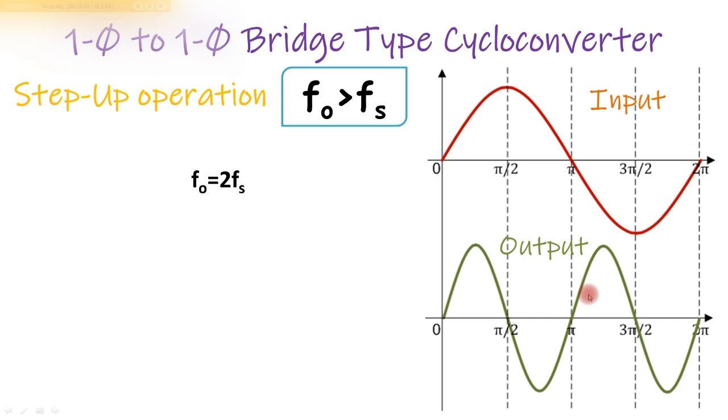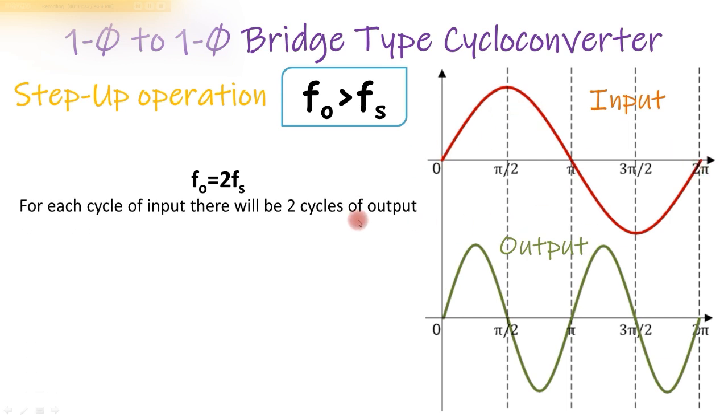To understand that, let us take an example where we have to obtain output frequency which is twice the supply frequency. So this is one cycle of input or supply. If the output frequency is twice the supply frequency, it means that there have to be two cycles of output for one cycle of input.